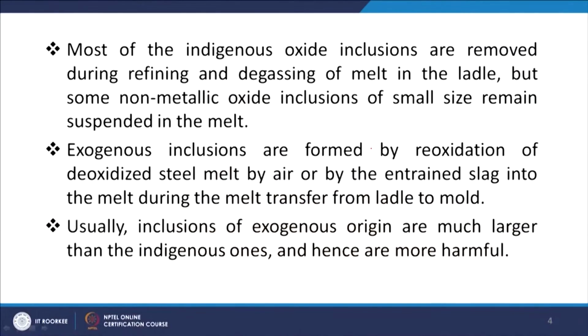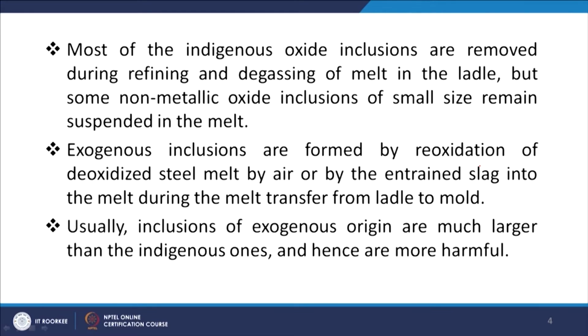Then the second variety of inclusions is the exogenous inclusions. They are formed by the reoxidation of the deoxidized steel melt by air, or by the slag entrained into the melt during the melt transfer from the ladle to the mold. So, there are further chances of reoxidation, and also slag may pass down into the melt.